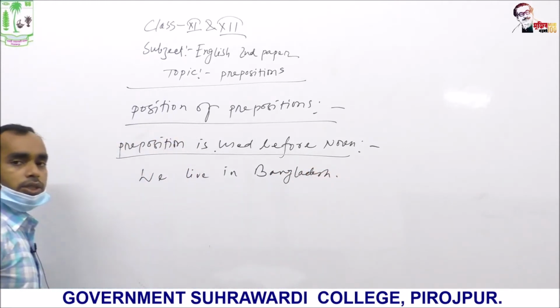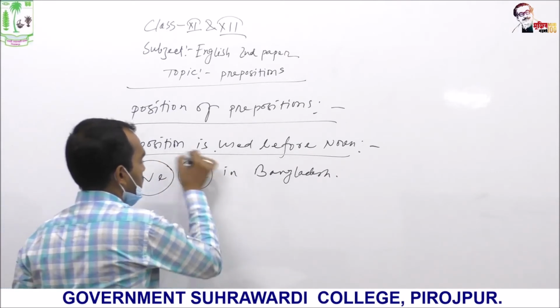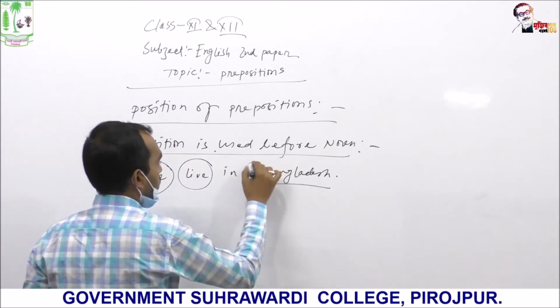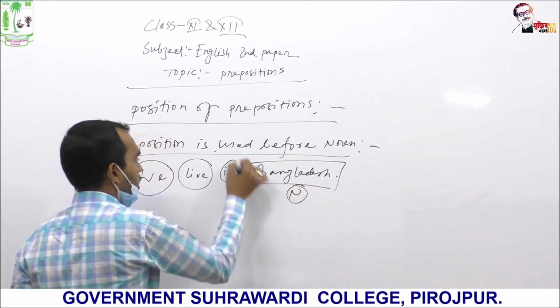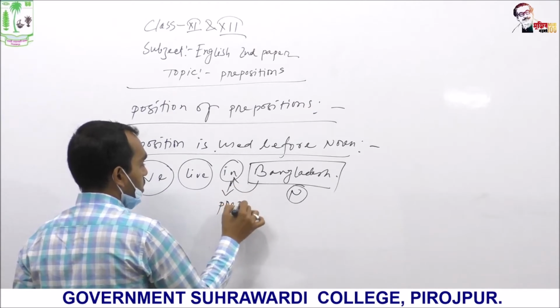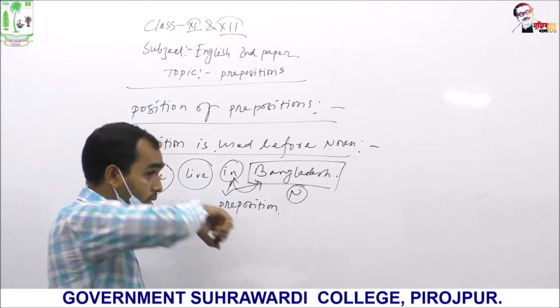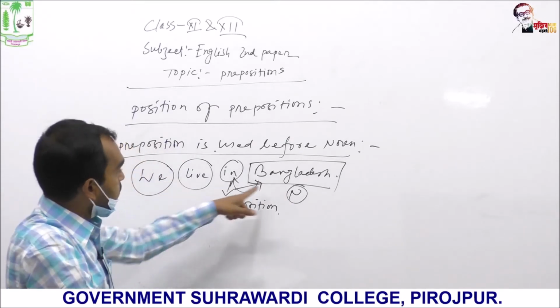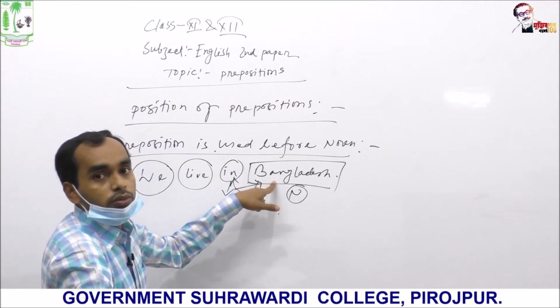We live in Bangladesh. Here, this is subject, this is verb, and this is a noun, and here is a preposition. Where has it been used? It has been used before noun.